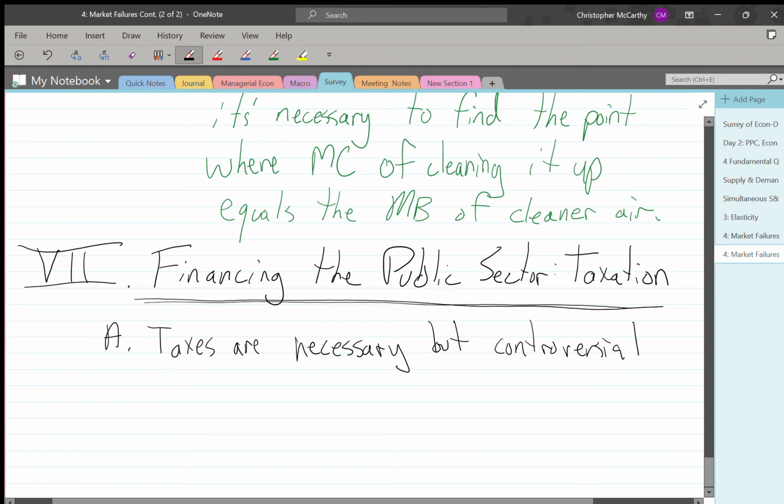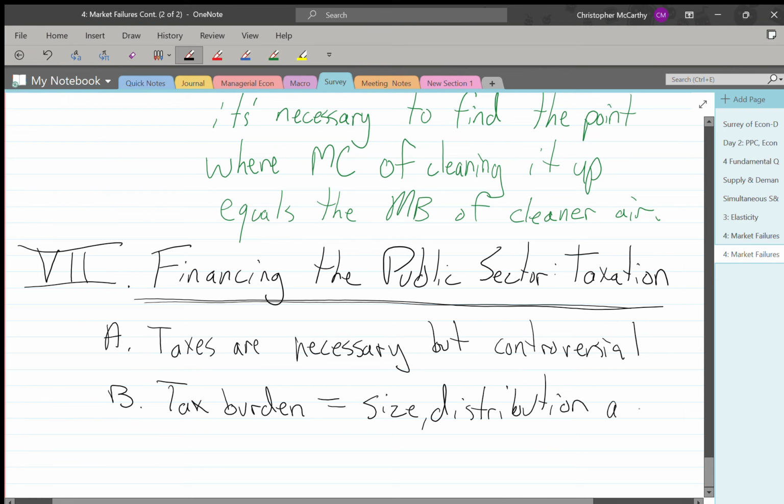So there's been a lot of research into what's called the tax burden, which is the size, distribution, and impact of total costs that taxes impose on society.